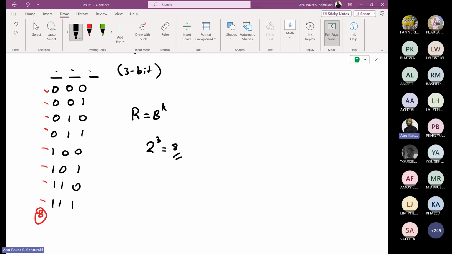If you want to know how many values an 8-bit computer can represent, in other words, if you remember the ASCII that we just saw, American Standard Code for Information Interchange, that table was an 8-bit representation, which means ASCII can be used by an 8-bit computer. Because it's an 8-bit computer, the range of values is given by 2 raised to power 8, which gives us 256, which means I cannot represent anything more than 256.